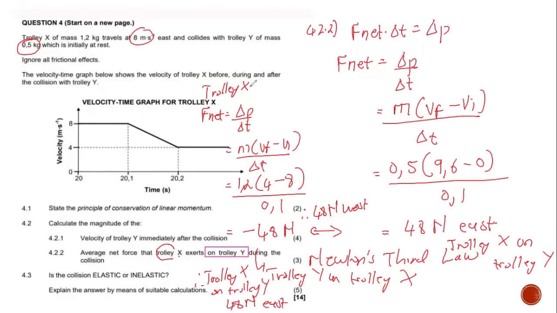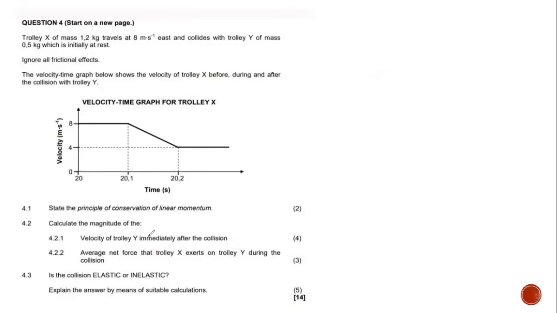So that would be your conclusion if ever you use this one. Because remember, this is Trolley Y on Trolley X. So to find Trolley X on Trolley Y, it means it's the opposite direction. Okay, so note that it is much simpler and easier to calculate based on what is experiencing the net force.